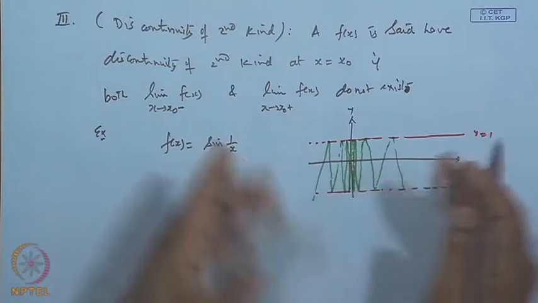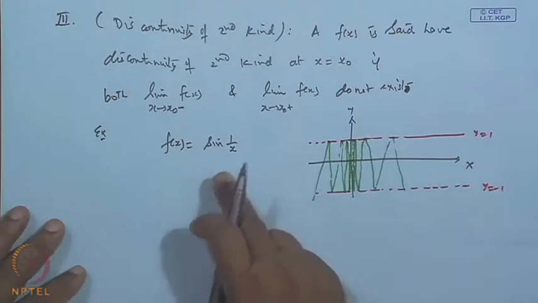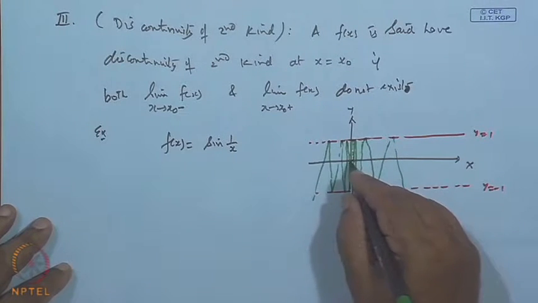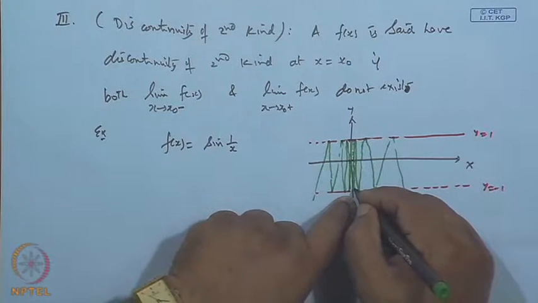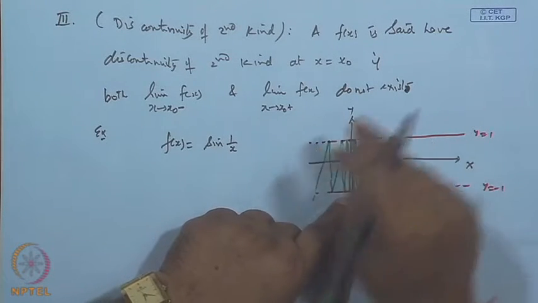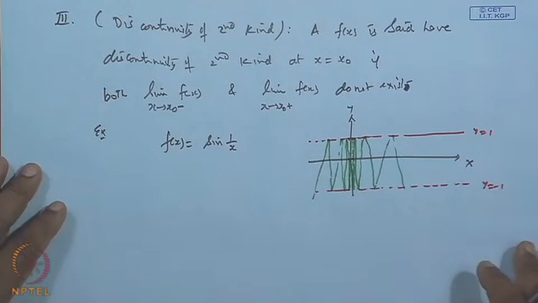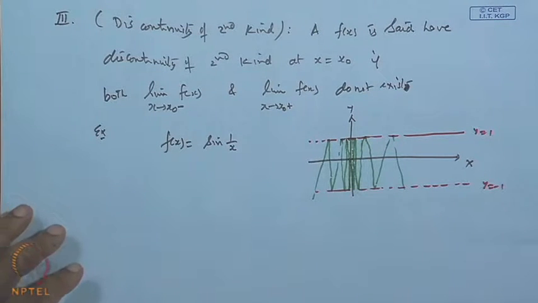Around the point 0 it gets very congested, and it goes up and down very fast. That is, near x equal to 0 it has sudden jumps. At one point it has value 1, and immediately at a nearby point it has value minus 1. So we claim that x equal to 0 is a point of discontinuity of the second kind.